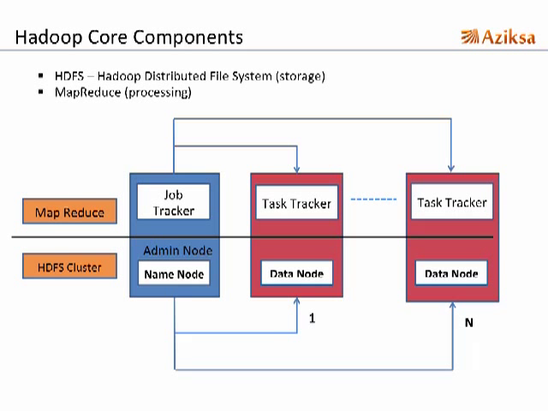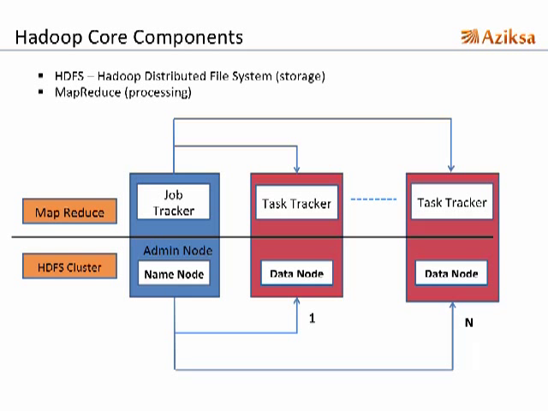A task tracker is always paired with a data node. The reason goes back to the idea that we want to move the calculation close to the data. If the task tracker is running on the same machine, it's a local read. I'm not using the network, I'm just reading locally. And Hadoop optimizes for that.